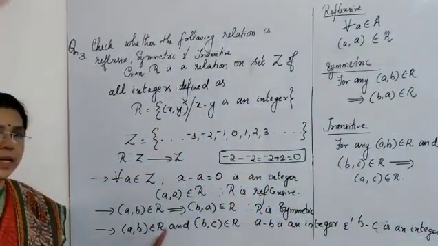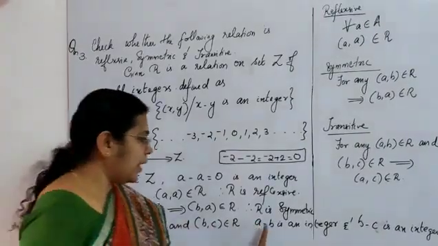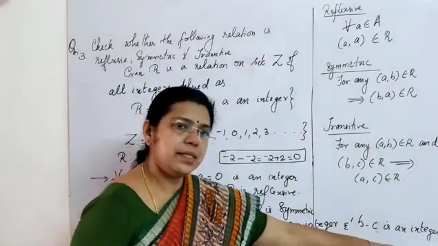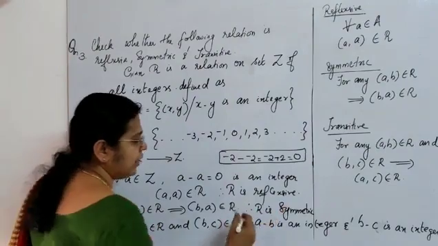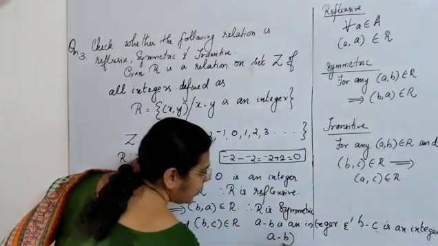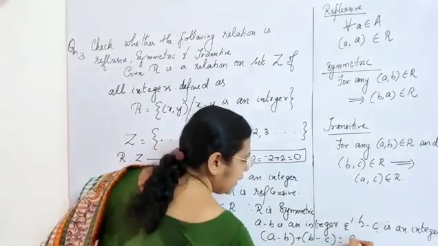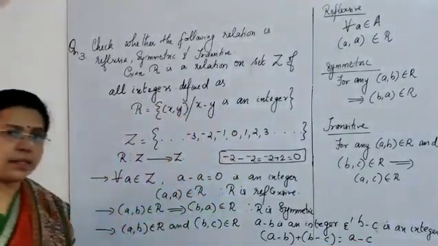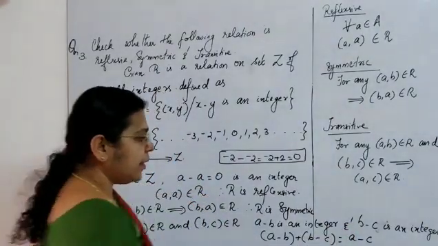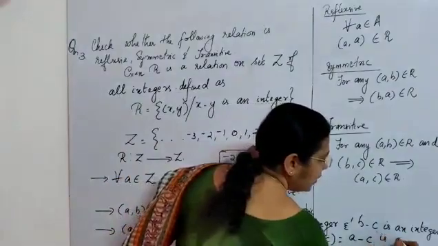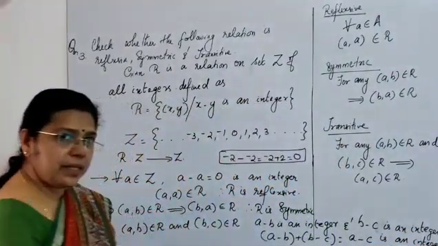What I do here is add A minus B and B minus C. What do I get? A minus C. When I add two integers, I get an integer. A minus C definitely is an integer.